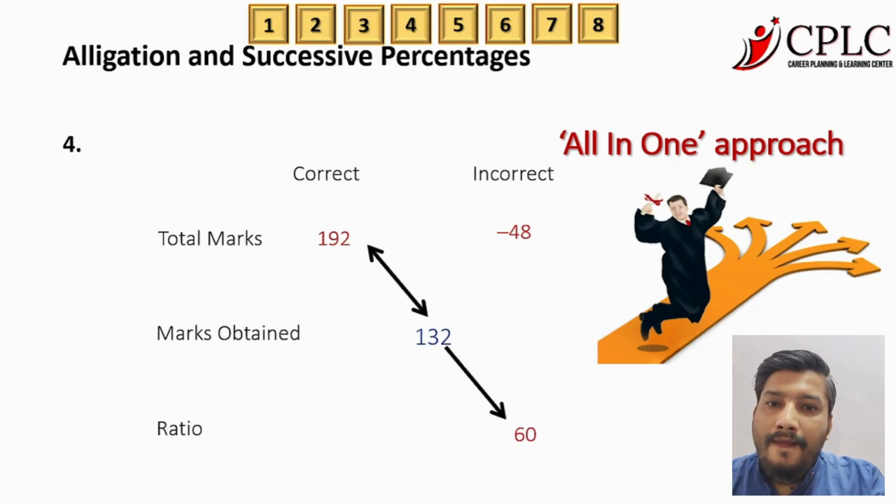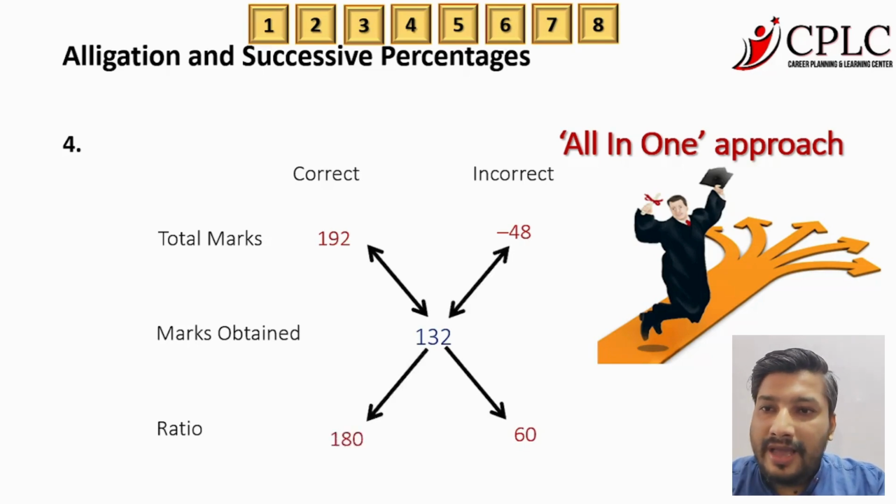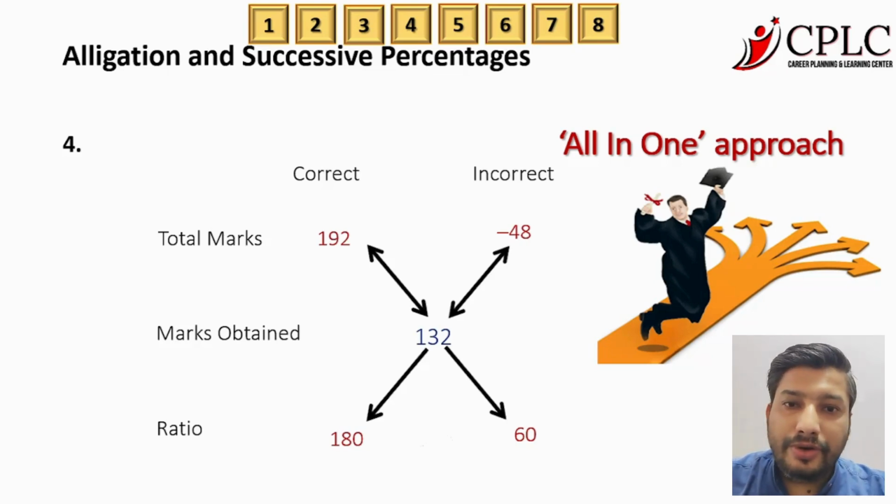So once we have this, again this means it's a ratio of number of questions, and because it's a ratio, we can reduce it to the lowest possible form. So 180 and 60 if you reduce gives you 3:1 as the answer. So 3:1 is the ratio of total number of questions, and he has attempted, if you remember, 48 questions.